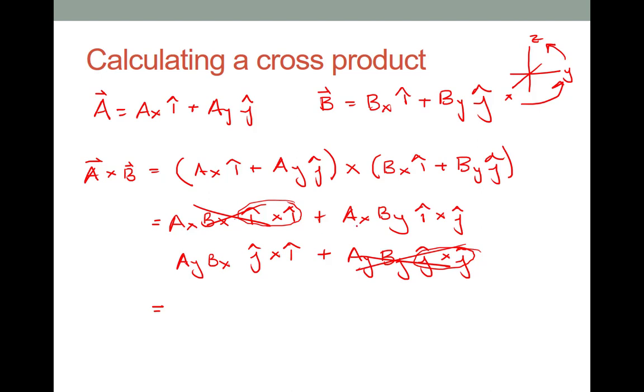So ax by, and that lands in the k hat direction, plus ay bx, j cross i is going the other way, and because it's the other way, that would be the negative k hat direction. And that is A cross B.